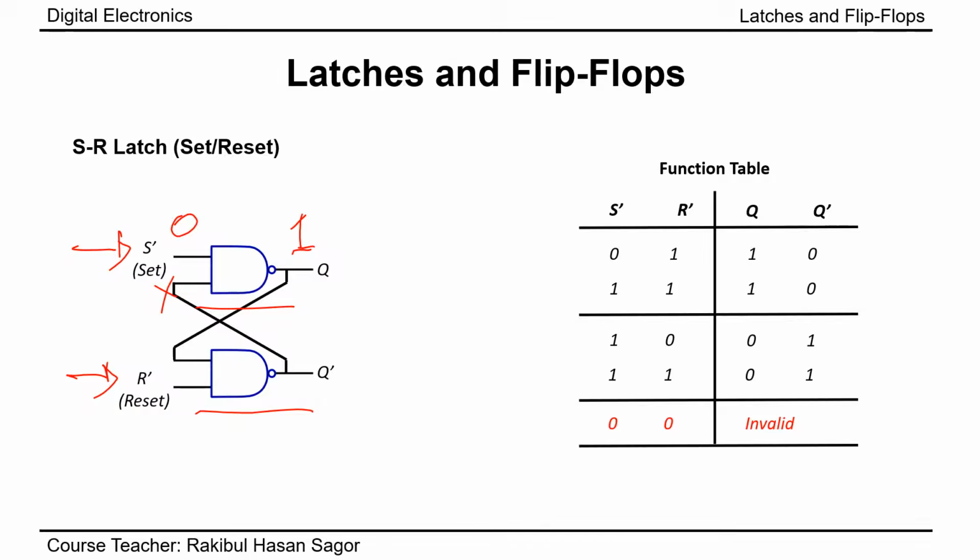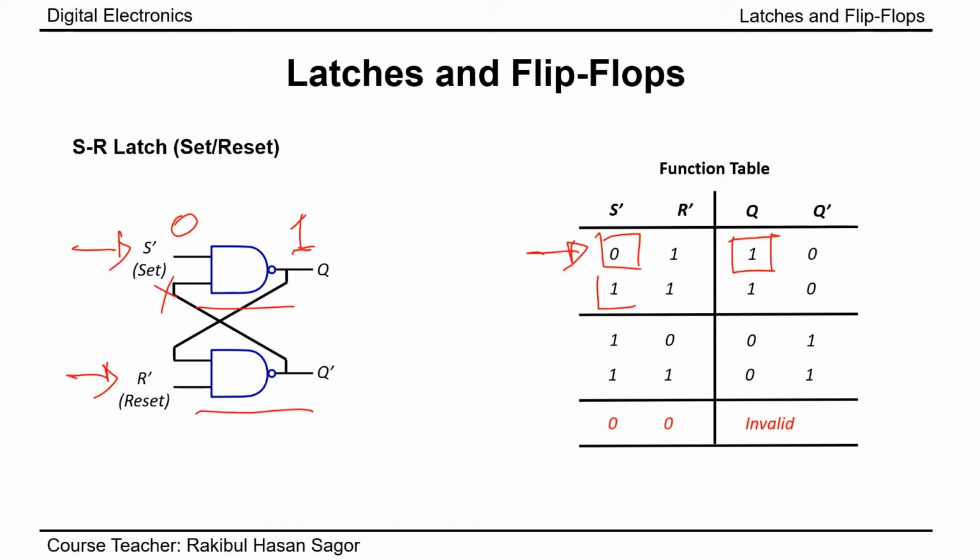That means these are active low. So when S prime equal to 0, what does it mean? S equal to 1. R prime equal to 1 means R equal to 0. That means this is the set condition. When we have the set condition, the output is set, output Q equal to 1.